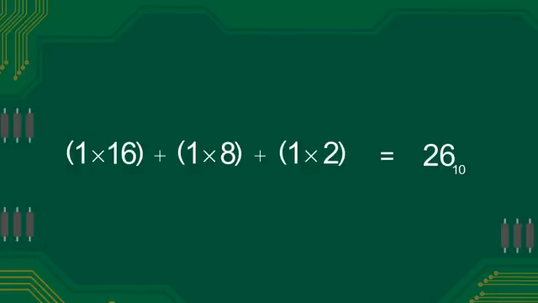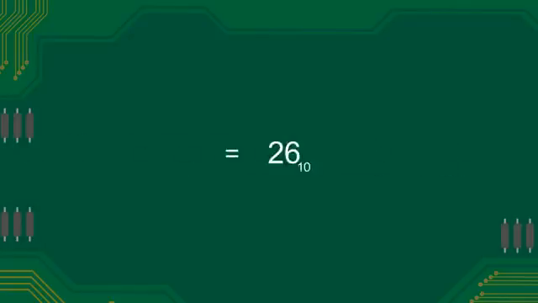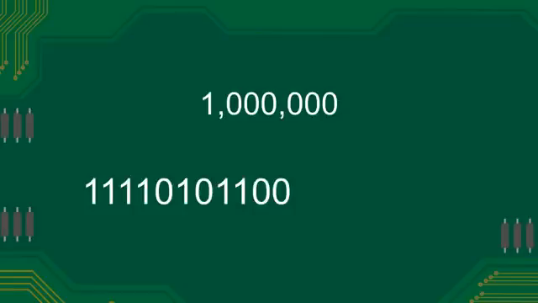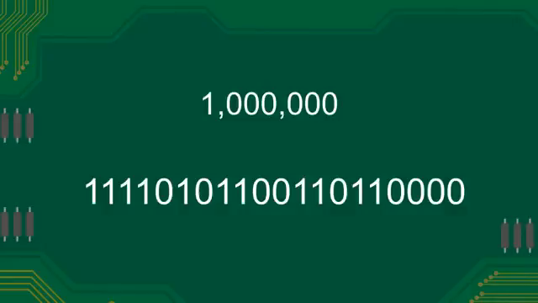Even though digital computers store numbers in binary, it can be quite tedious to write down or remember large binary numbers. For instance, the number 1 million in binary is 11110100001001000000.